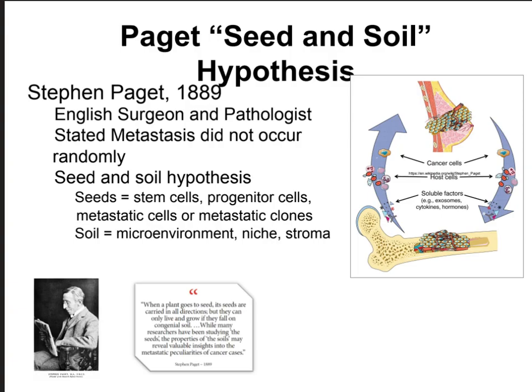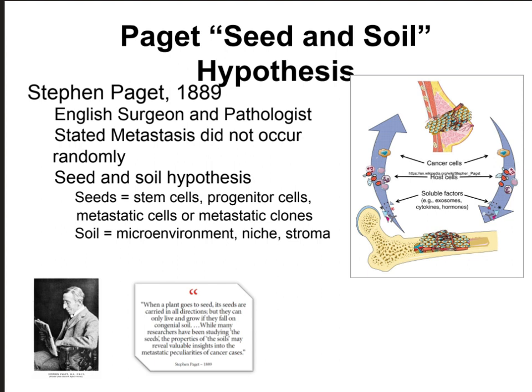Now, it has been noted in many cases that metastases don't always occur in the same direction as the blood flow. So a metastasis for certain cancers sets up in areas that maybe you wouldn't logically think is their first stop in their travel through the bloodstream.